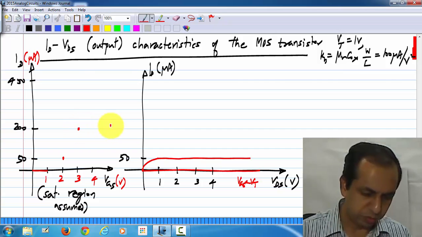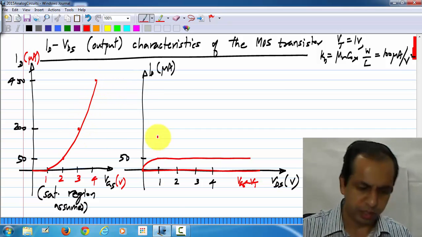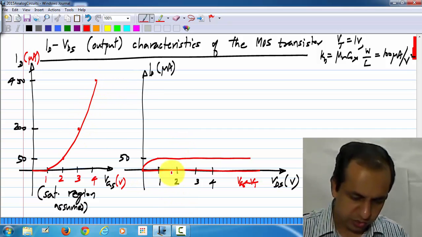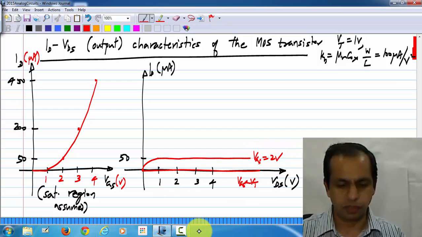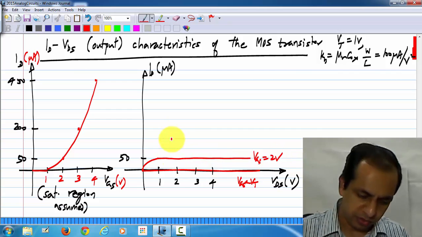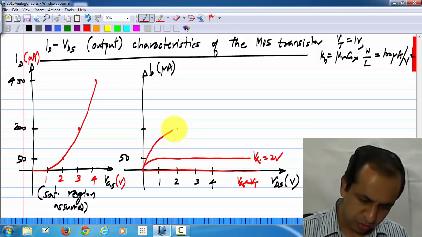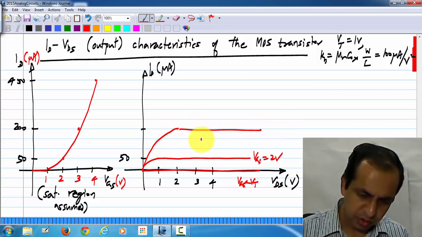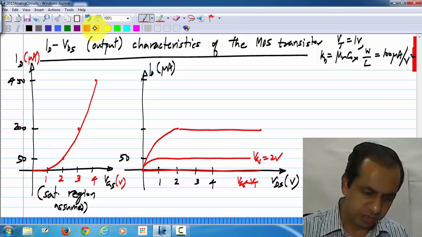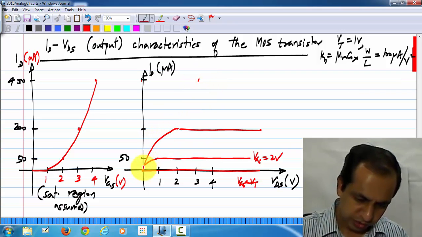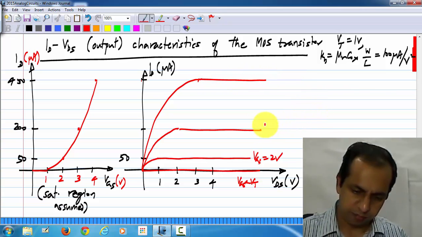For 3 volts, we have 200, and for 4 volts, we have 450. And the output characteristics also for VGS of 2 volts saturates to 50 microamperes. For VGS of 3 volts, it saturates to 200 microamperes, and for VGS of 4 volts, it saturates to 450 microamperes. Okay.